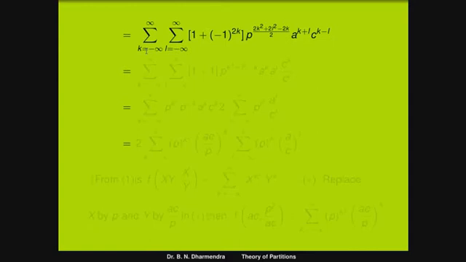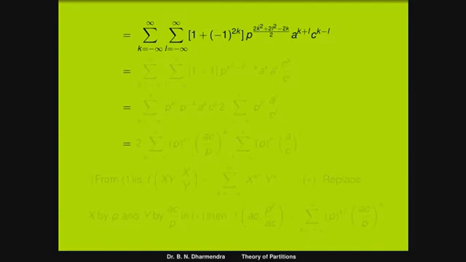So therefore the first series is k running from minus infinity to plus infinity, the second is l running from minus infinity to plus infinity, minus 1 to the power of 2k, the terms here m plus n into p to the power of 2k square plus 2l square, that is m square plus n square, minus m plus n, that is 2k, divided by 2. So in both numerator and denominator, the terms containing 2 can cancel.